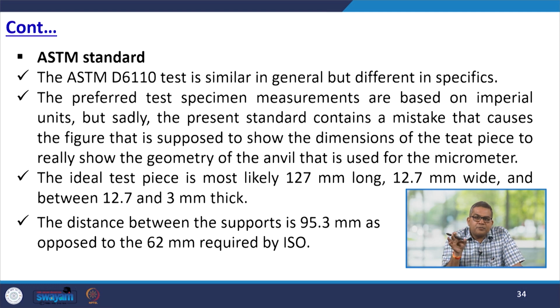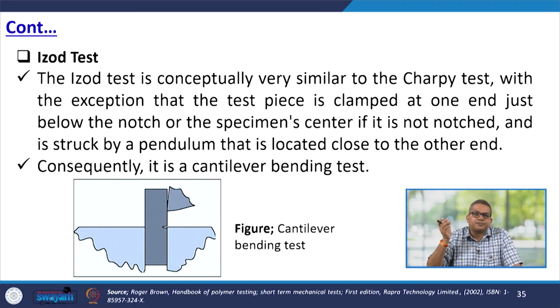The ideal test piece is most likely 127 millimeter long and 12.7 millimeter wide and between 3 and 12.7 mm thick. The distance between the supports is 95.3 mm as opposed to the 62 mm required by ISO.